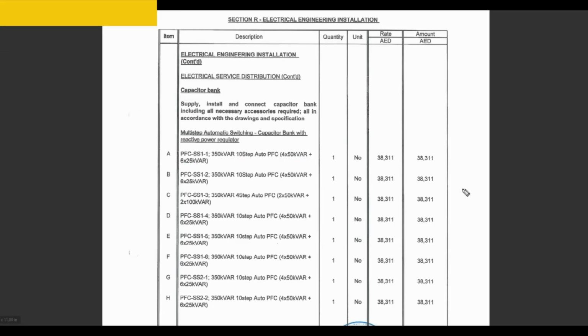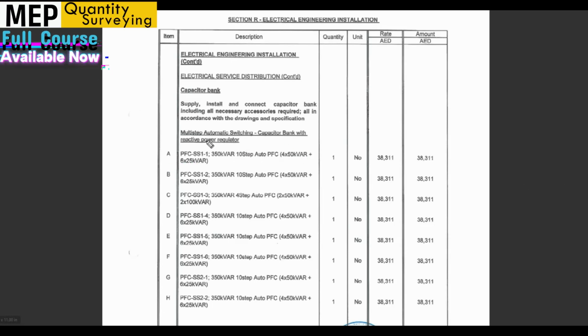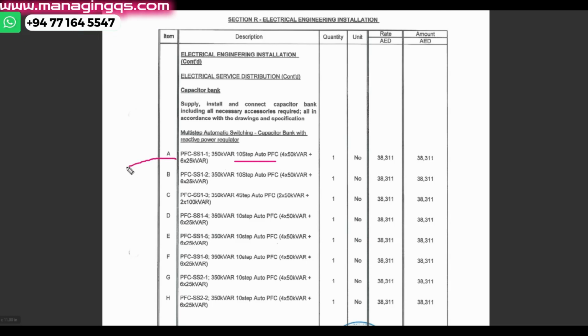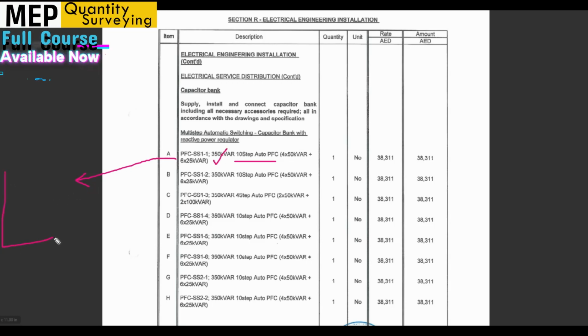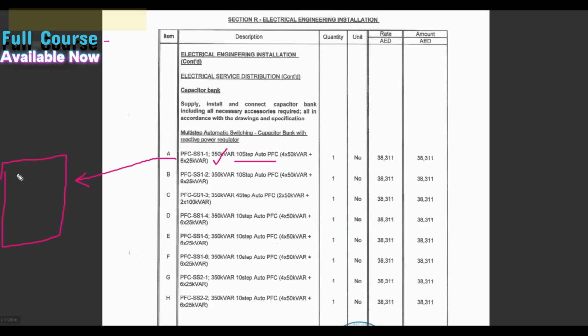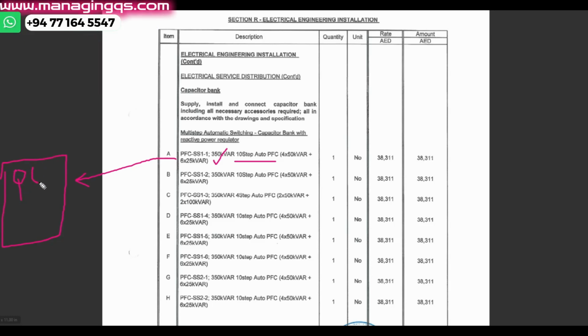So the question is why we have to fix this multi-step automatic switching capacitor bank. I will explain like this. We are going to fix this 350 kVAR capacitor bank in a motor control center, where lots of motors are available.